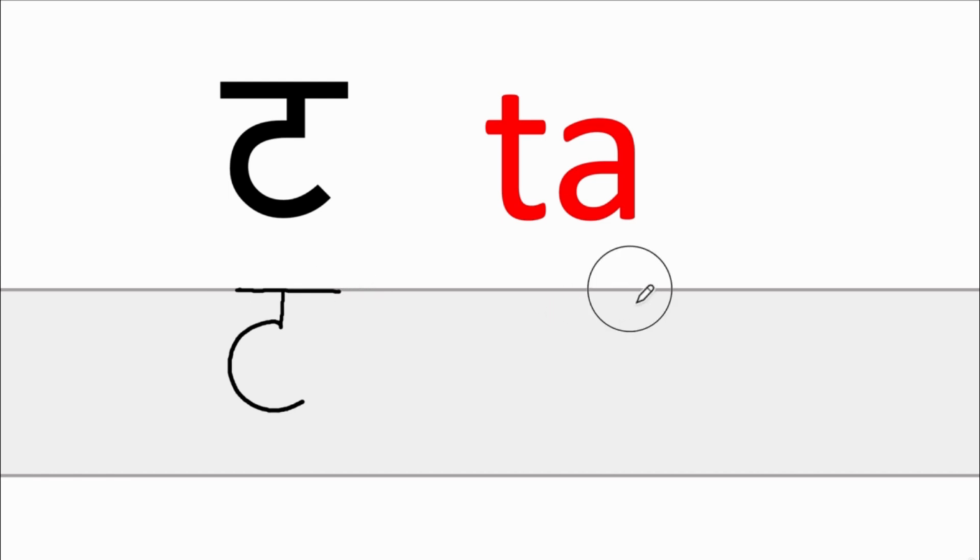Now let's learn one more time. This is how we write the first consonant of the third line, ta.